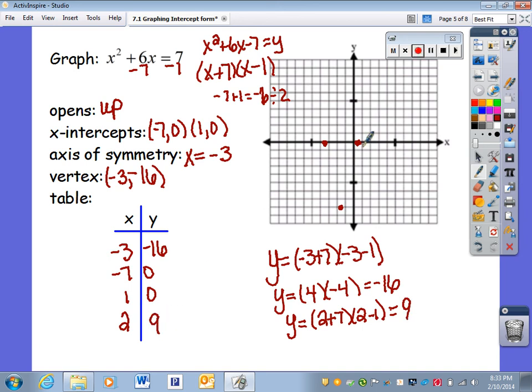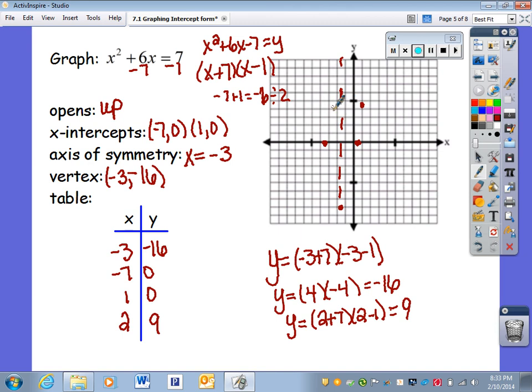So that's going to be at the point 2, which since we're going by 2's, that'll be 1 box, and then up 4.5 boxes to 9. So what we could do then, make sure we draw in our axis of symmetry, and you can make that dotted line to show where our parabola is going to divide in half. And then we can reflect this point over to the other side. So we have 1, 2 and a half boxes.